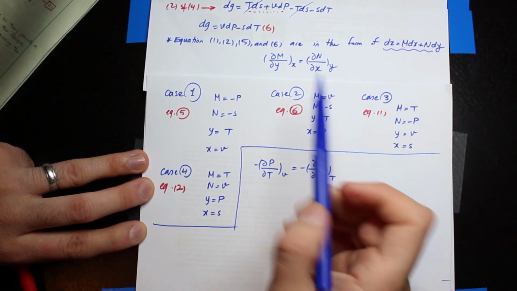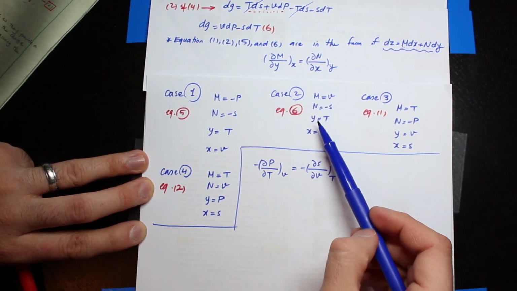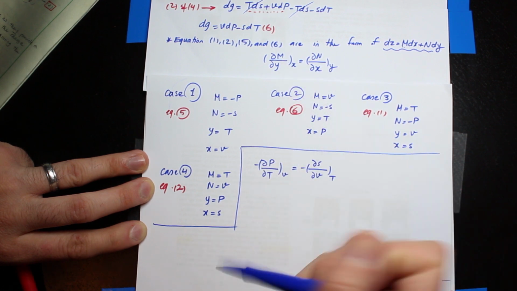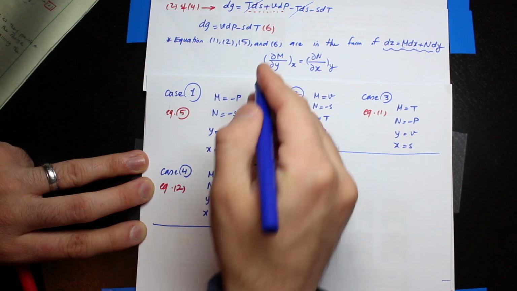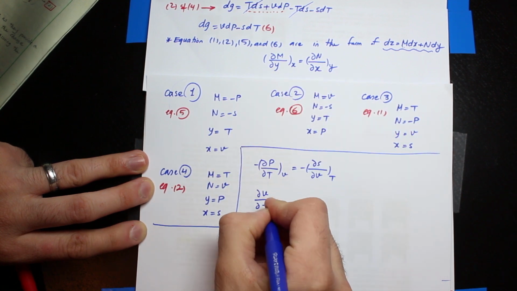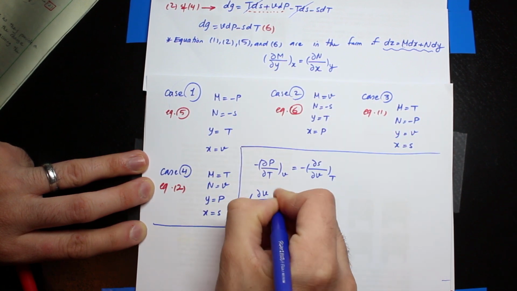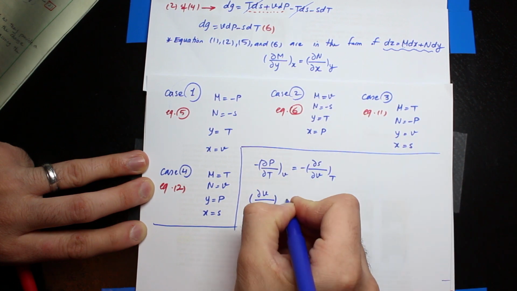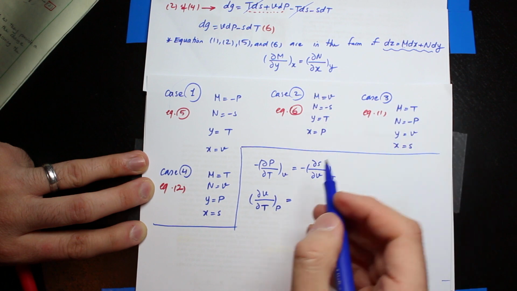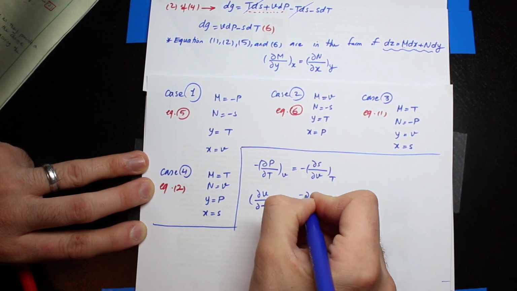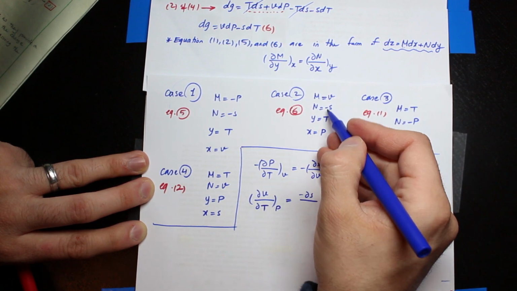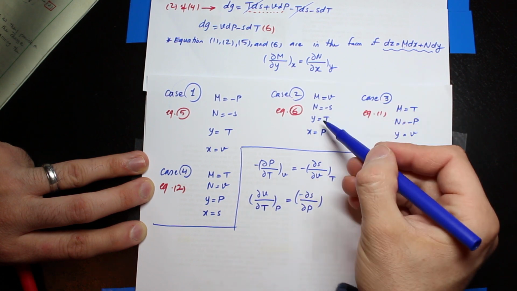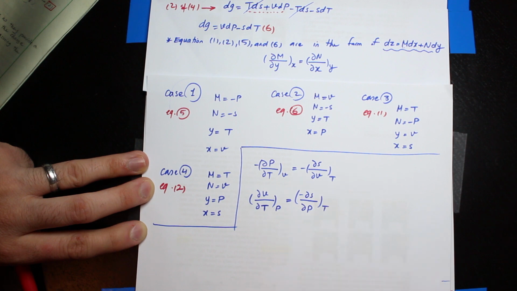Okay, so let's do this equation to case number 2. If I do that, then my partial m is going to be partial v over partial y, which is partial t, when x is constant and x being pressure is equal to partial n partial x, which is negative partial s partial p when y is constant and y being the temperature.